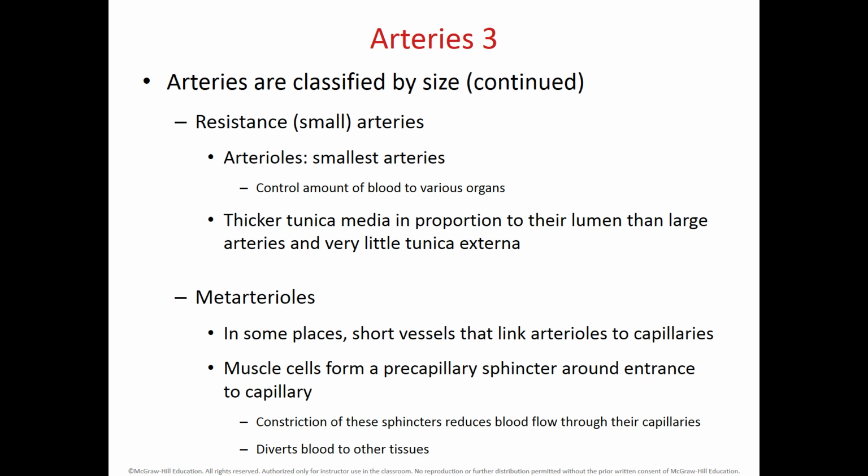If this precapillary sphincter closes, you have reduction of the blood flow through the capillaries, and then that helps to pass blood into a specific region much faster than if these meta-arterioles with their sphincters were open.